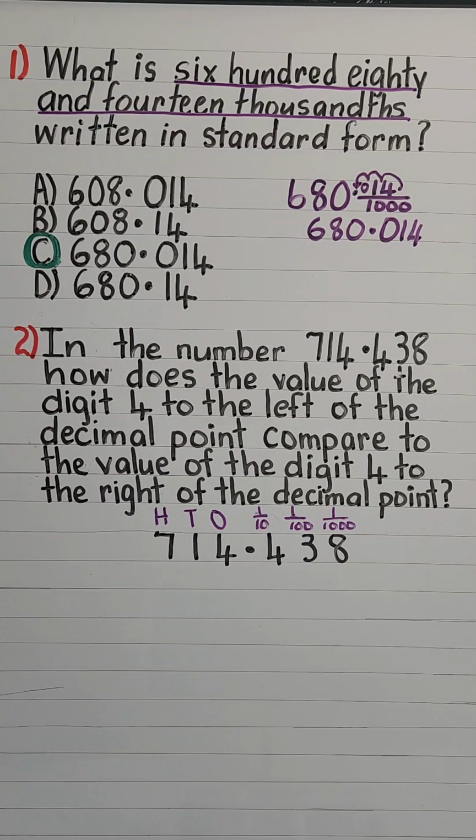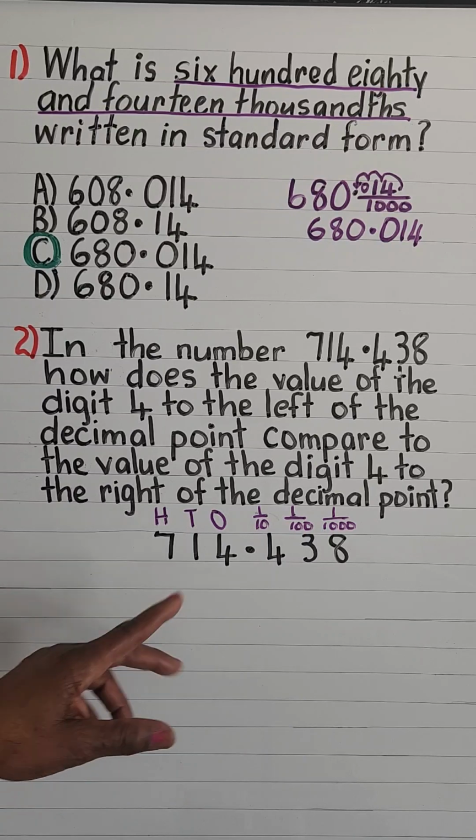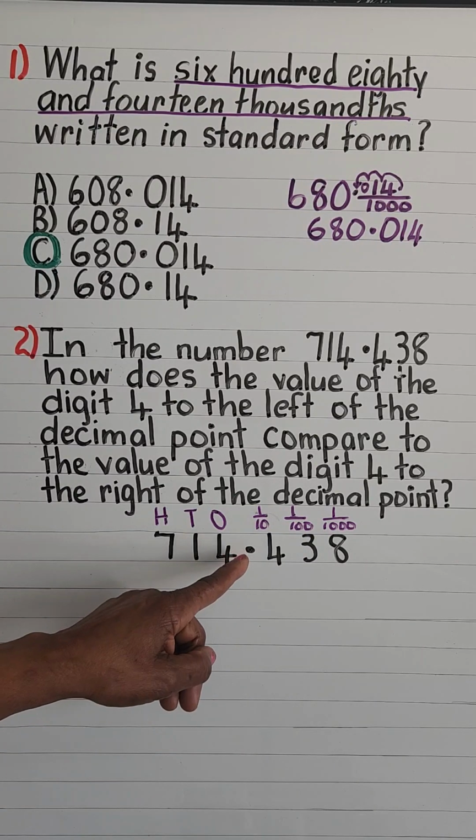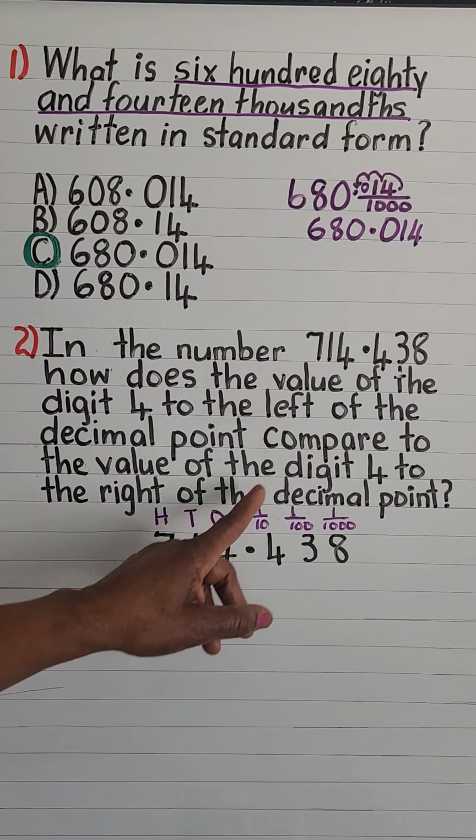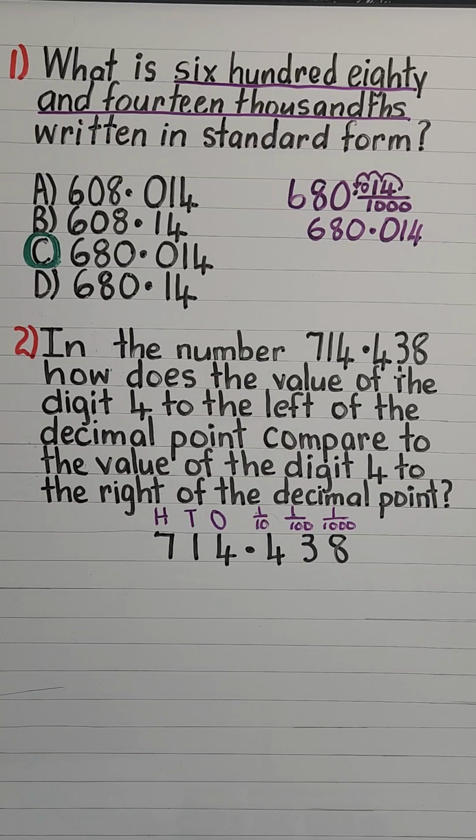We're going to write that down in a minute. And the 4 to the right of the decimal point values 4/10 or 0.4.